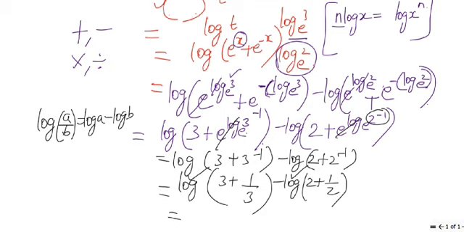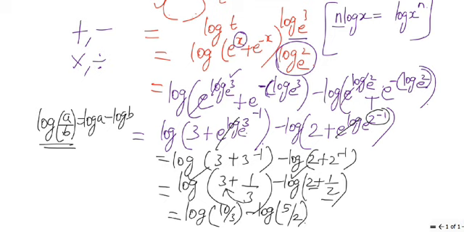Before writing in this form, we'll try to take LCM. This is actually 3 times 3 is 9 plus 1, 10 over 3, minus log of 2 plus 2 is 4. 2 times 2 is 4, 4 plus 1 is 5 over 2.